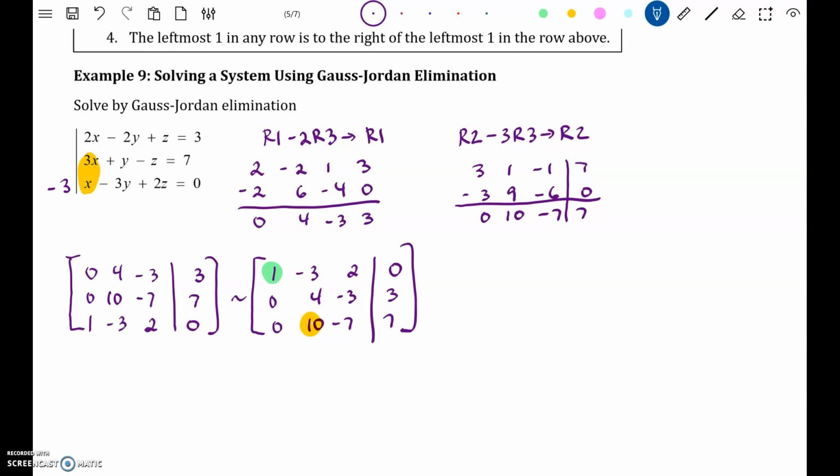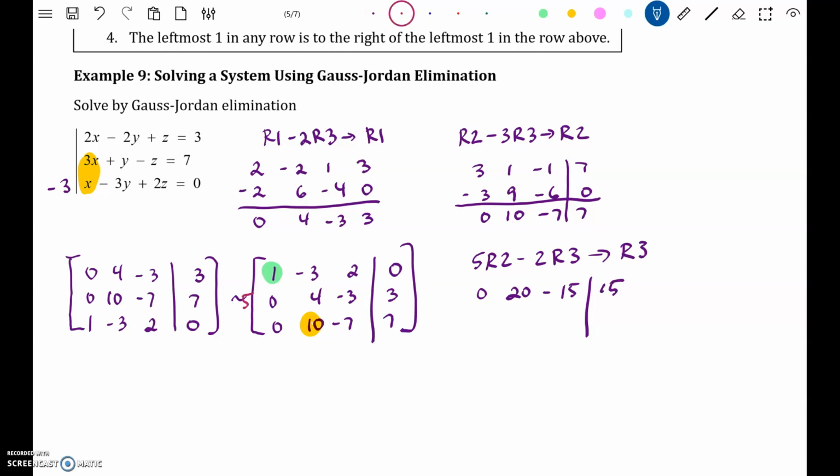4 and 10 meet at 20, so if I go 5 times row 2 minus 2 times row 3, I'll be hoping to eliminate the y value. Save this value in row 3. It's going to be 5 times row 2, which gives me 0, 20, negative 15, 15.